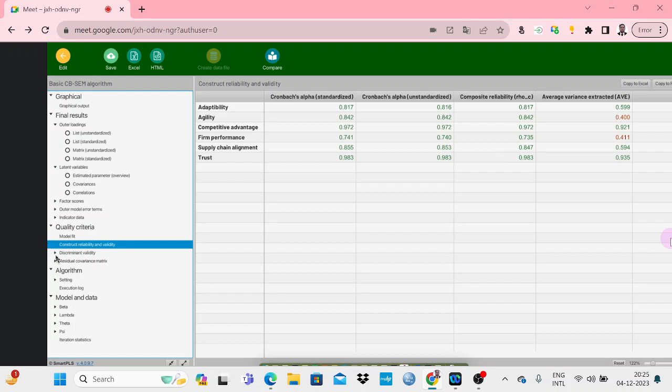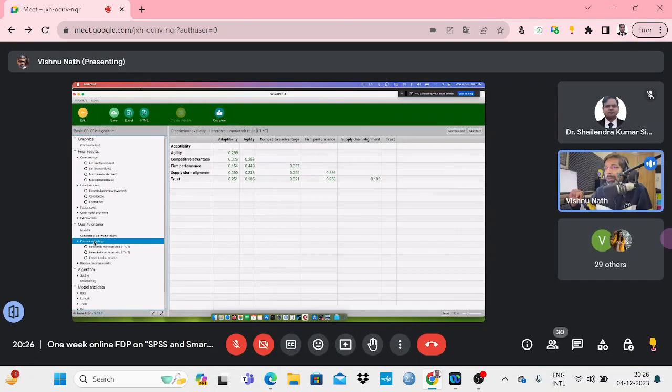Now the next validity that we want to examine is discriminant validity. In the previous regression example, we talked about multicollinearity and examined VIF, the variance inflation factor. In the case of SEM, where there are latent variables, we have to establish discriminant validity to avoid that problem of multicollinearity.